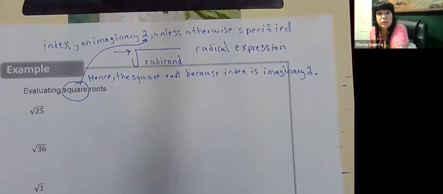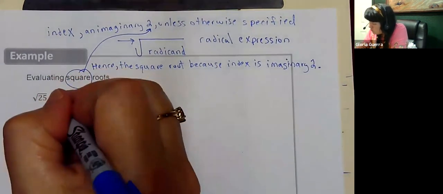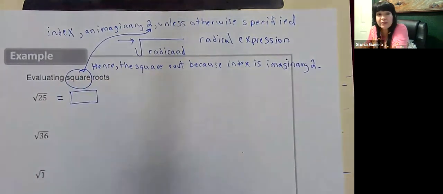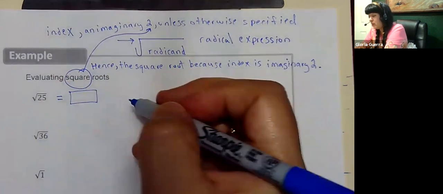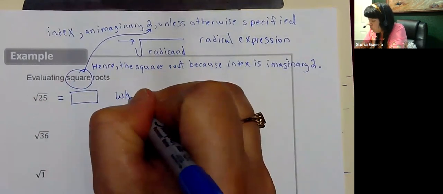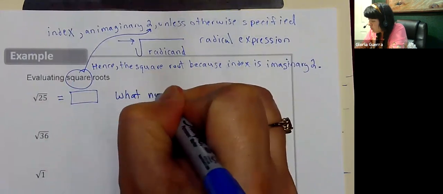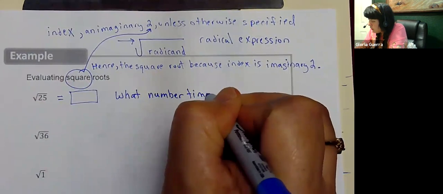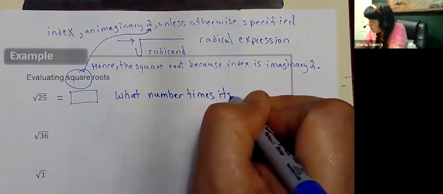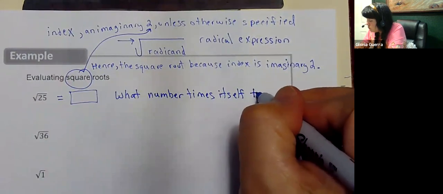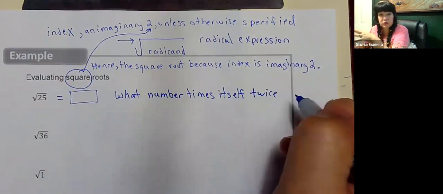Okay, so basically when you find the answer to this, because the index is 2, you're asking what number times itself, but just itself twice.